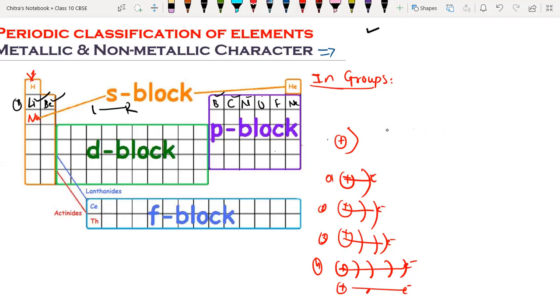Okay, so now I'm going to write in words here. I'm writing starting from here.